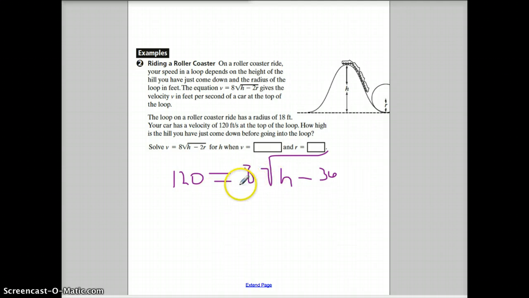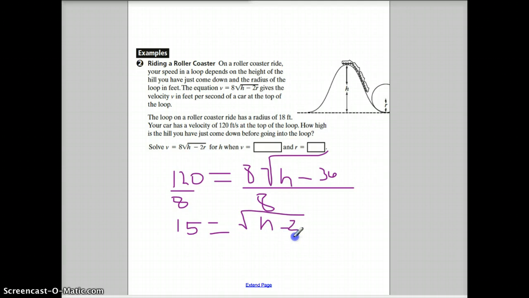So now what we want to do is isolate the radical. And so we're going to divide each side by 8. We get 15 equals the square root of h minus 36. So now what we need to do is square both sides.